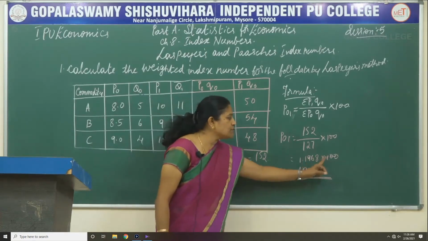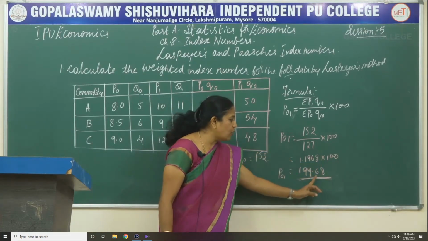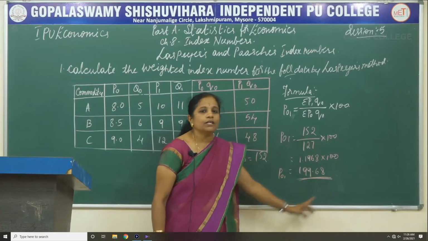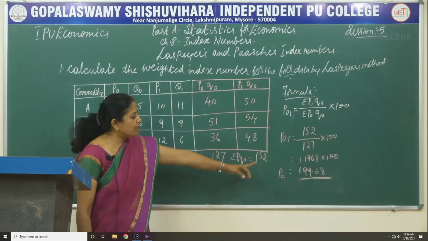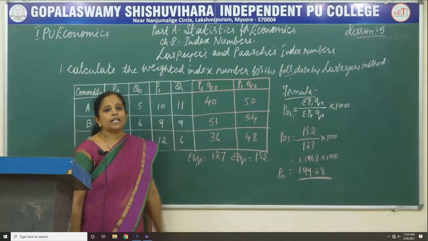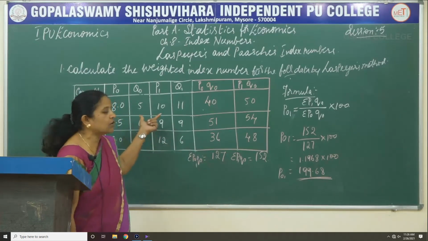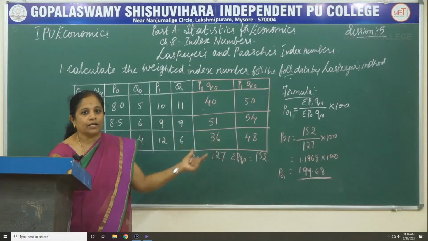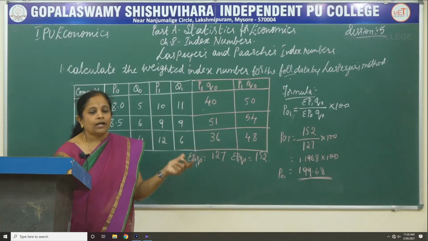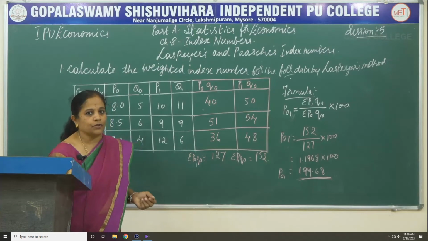So this product is multiplied by 100 and then we obtain 119.68. So this is the price index number under the Laspeyres method. So you can go on writing imaginary figures and work it out, or you can even go to the questions that are there in the textbooks.